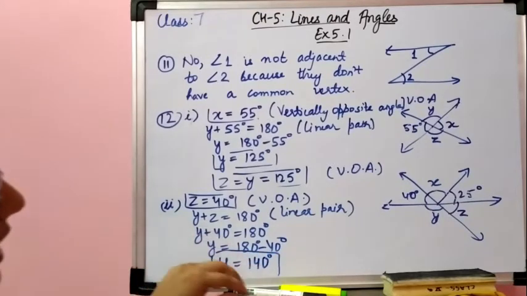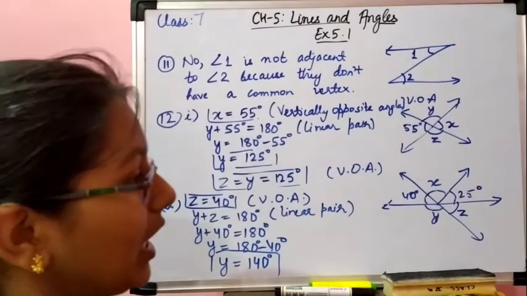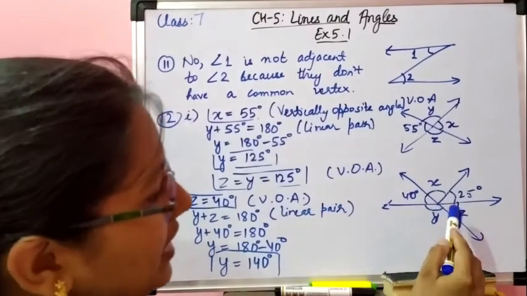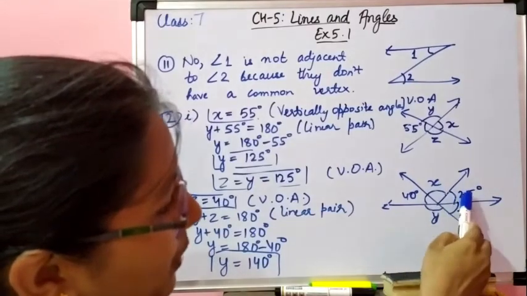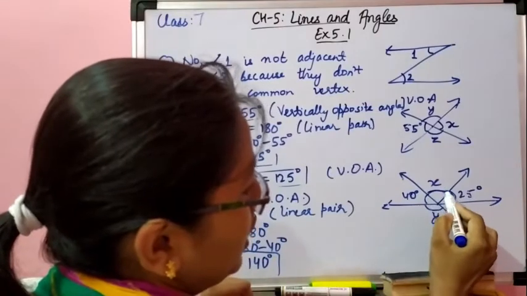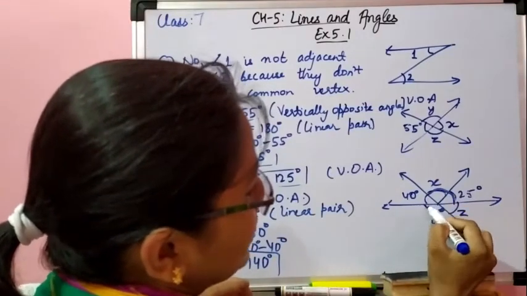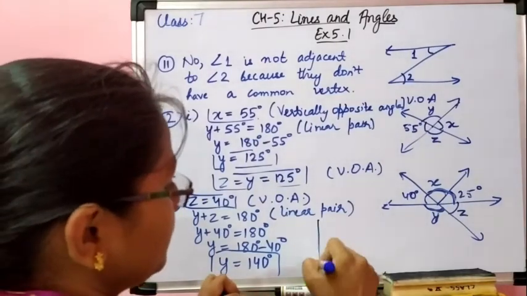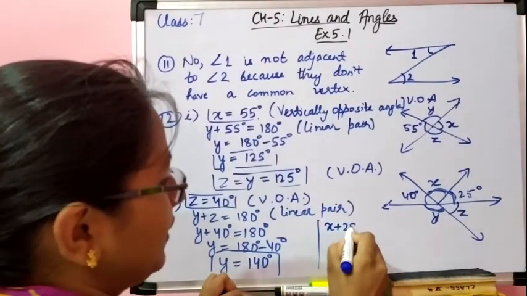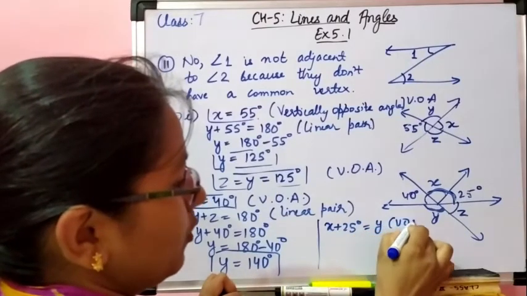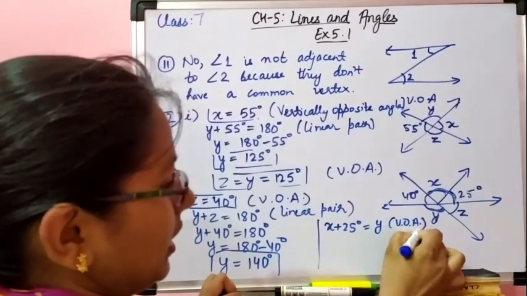Okay. So z and y we have found out. Now we have to find x. Similarly we can say that x plus 25, this whole angle, this whole angle is vertically opposite to this one. Okay, so what we can write, x plus 25 degree is equal to y. Reason, vertically opposite angle.